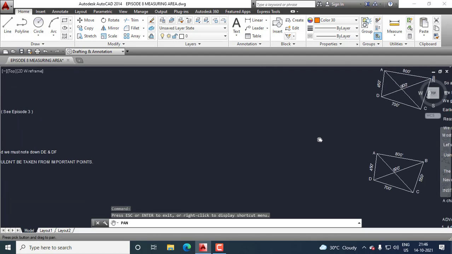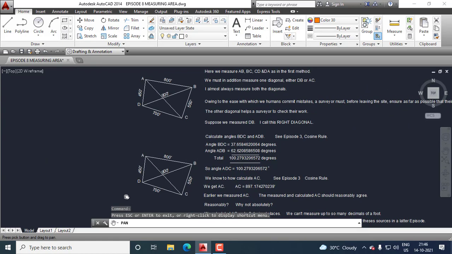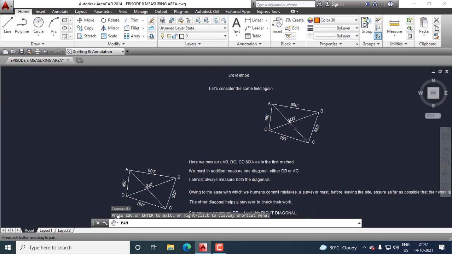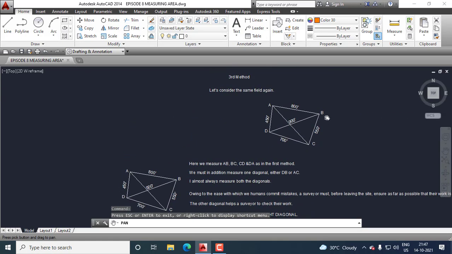In the third method of calculating areas, we use Heron's formula. We have taken the same figure into consideration here also. This figure is copied here and even below for easy reference. Now, in this method, we calculate all the sides and we calculate one diagonal.